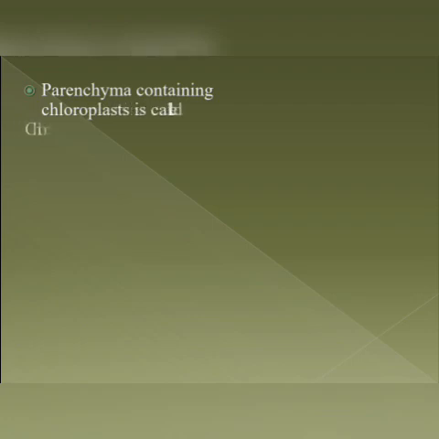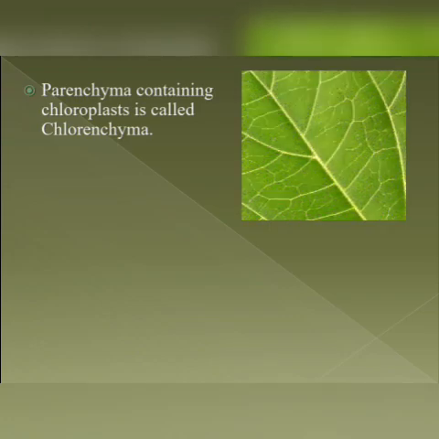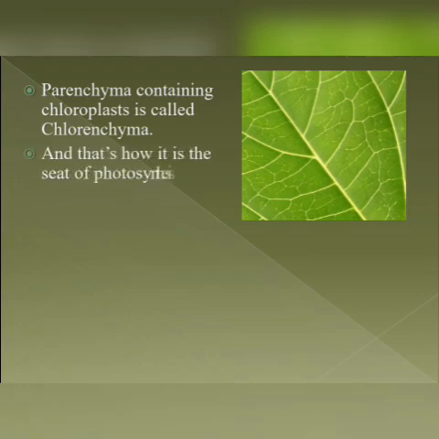Apart from this, parenchyma can also contain chloroplasts, and those types of parenchyma are known as chlorenchyma. The color which gives green to leaves. And apart from that, it is also the seat of photosynthesis.